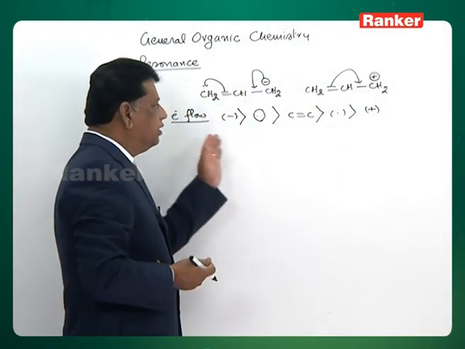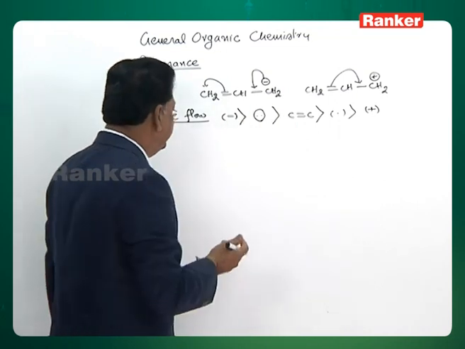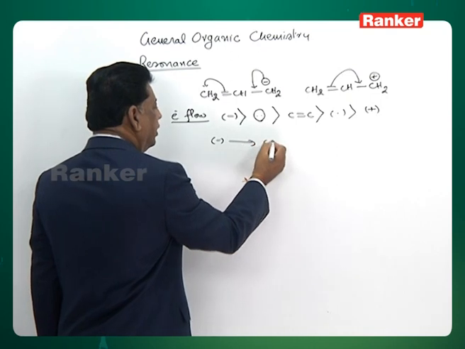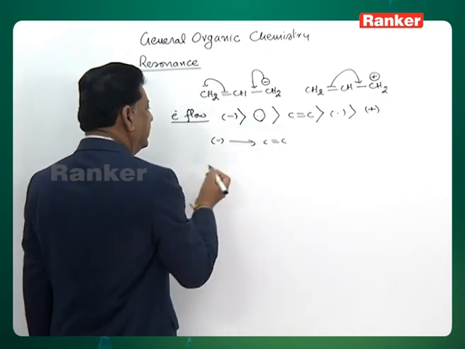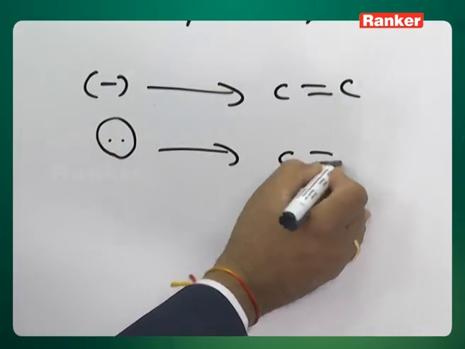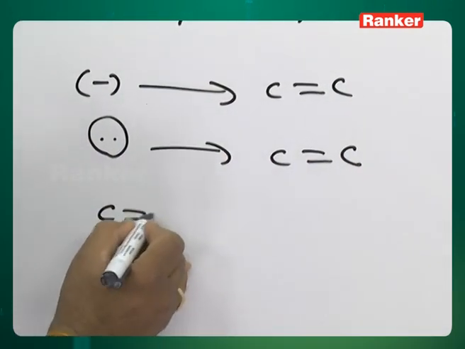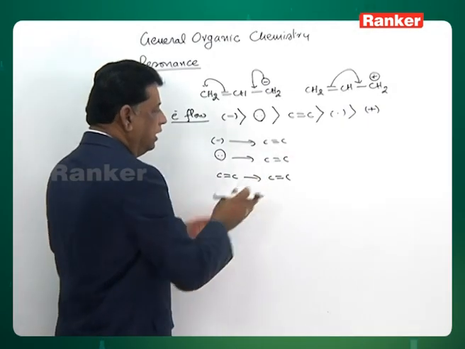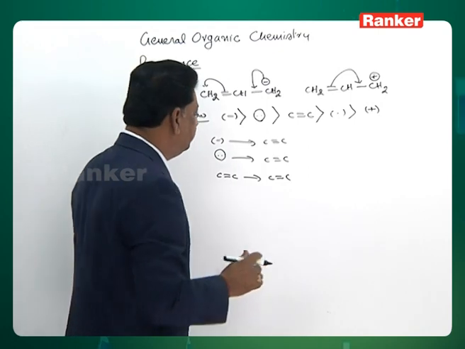So, this is the way electrons move from this side to that side. That means a minus charge can give electrons to the pi bond, isn't it? A lone pair can also give electrons to the pi bond. A pi bond also can give electrons to the pi bond. So, this way if you write electron flow, that is right.